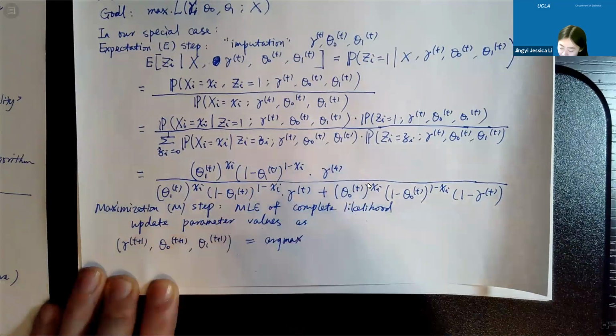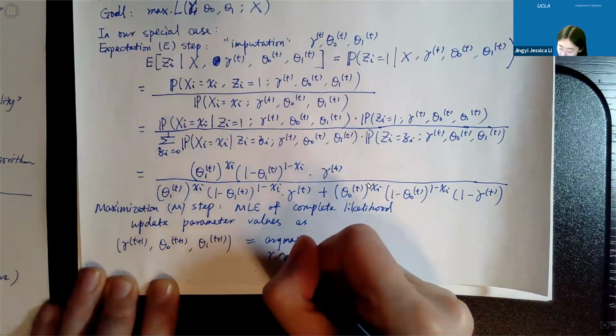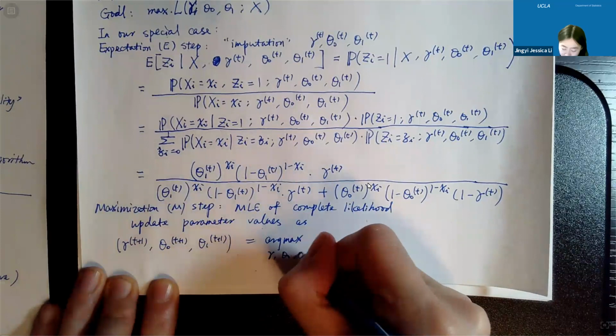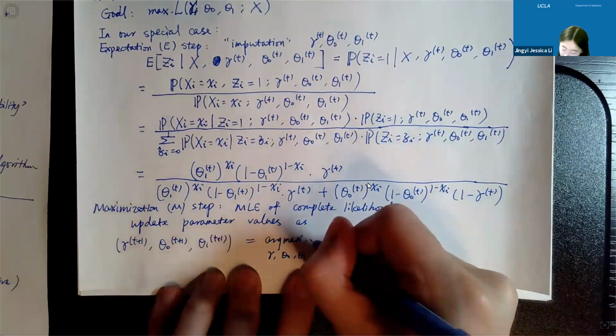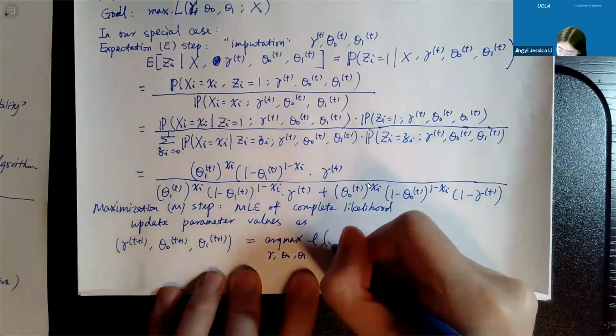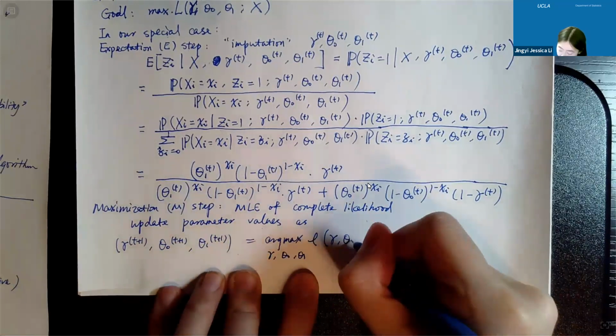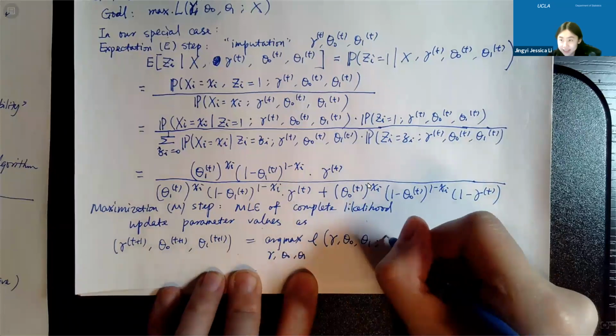I'm maximizing for gamma, theta 0, theta 1, the maximizer of the complete log likelihood of gamma, theta 0, theta 1, given, of course, z, right?